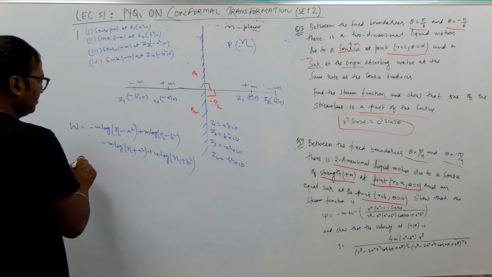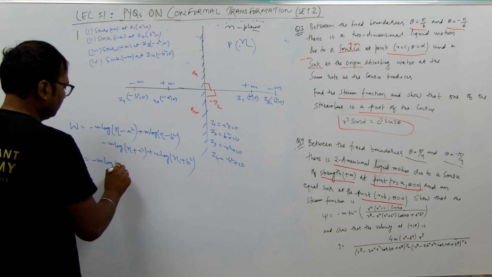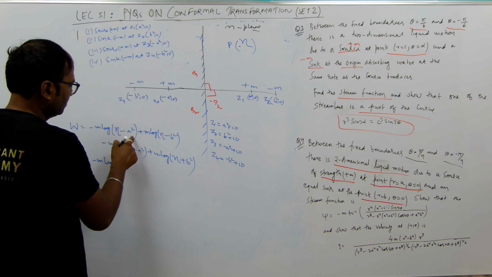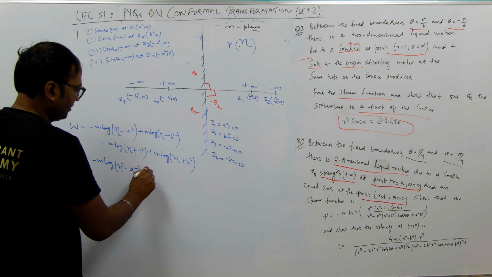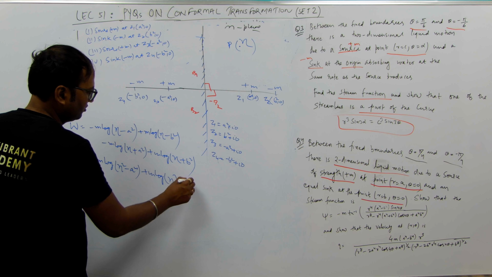Okay, so this will be like this. So w is equal to minus m log of eta square minus a4, that is (eta minus a square)(eta plus a square), plus m log of eta square minus b4.